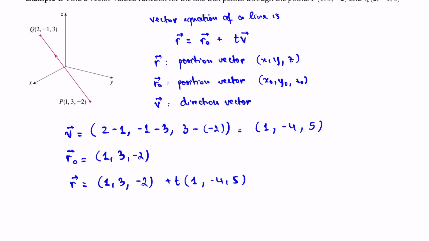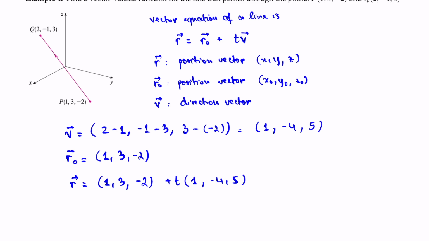Now, unlike all the situations that we explored in lecture 9, in this example, you need to specify the value of t, because this is not the line where t is going from negative infinity to positive infinity. This is a line segment connecting the 2 points P and Q. So we need to specify the value of t such that the starting point is at 1, 3, negative 2, and the ending point is 2, negative 1, and 3.